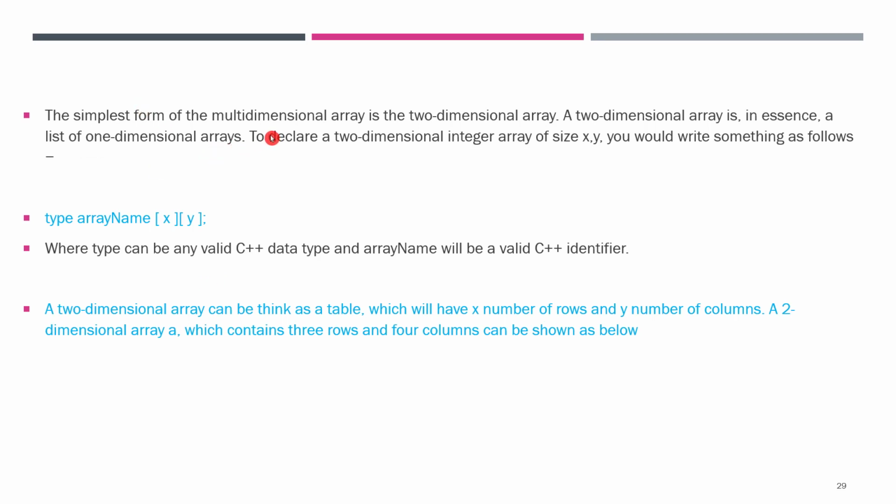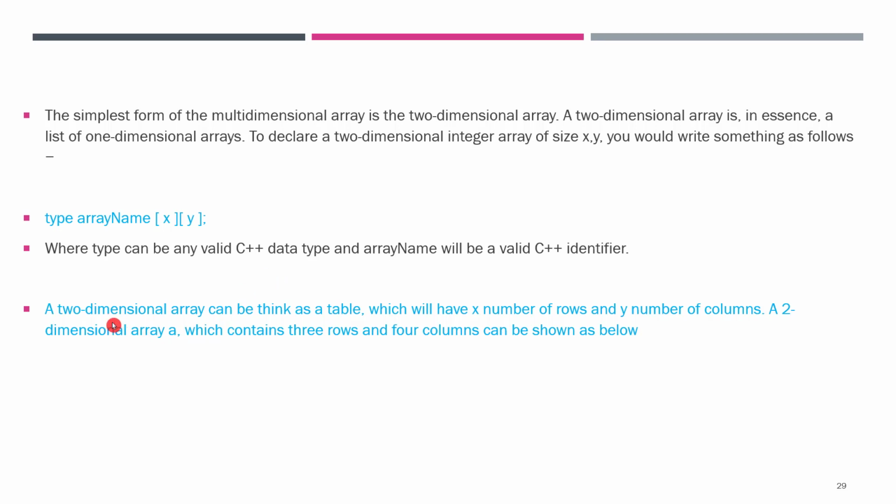The simplest form of a multidimensional array is the two-dimensional array. A two-dimensional array is in essence a list of one-dimensional arrays. To declare a two-dimensional integer array of size x, y, we need to write something as follows: the type of data, the name of the array, and the size of the array, where type can be any valid C++ data type. We said it can be integer, float, double, or character also.